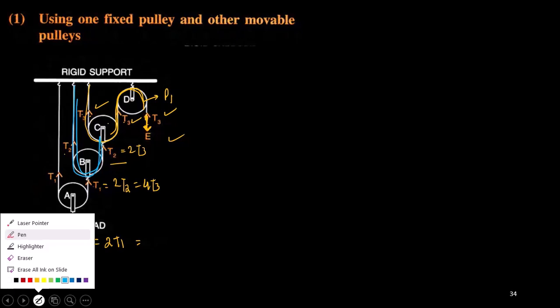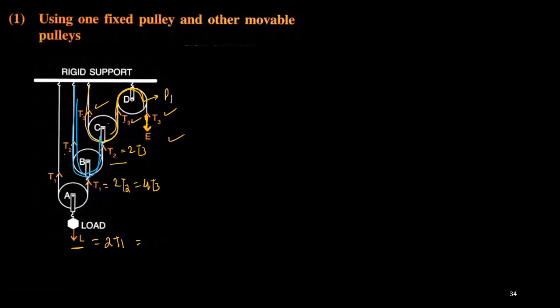The last string is another string, on which the tension will be different. On the yellow string the tension is T3, so on the blue string it should be T3. On the blue string T2 means on the bar it should be T2. This way I am adding the tension. So ultimately L should be equal to 2T1, and 2T1 equals 8T3.